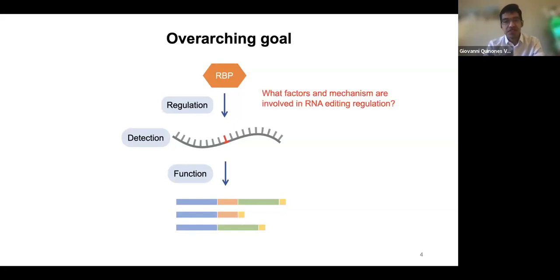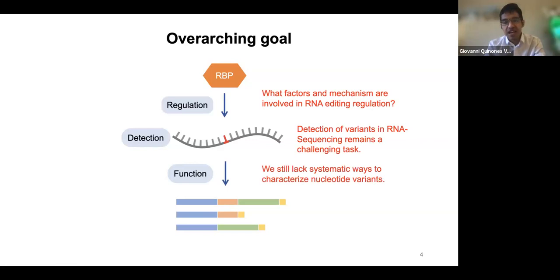So the first question is, what are the factors and mechanisms that are involved in regulating RNA editing? Second, when we come to detection, we also want to ask, how can we confidently detect variants at the RNA level? And how can we find a systematic way to characterize them, to learn a little bit about these variants and what their role is, at least at the transcriptome level?